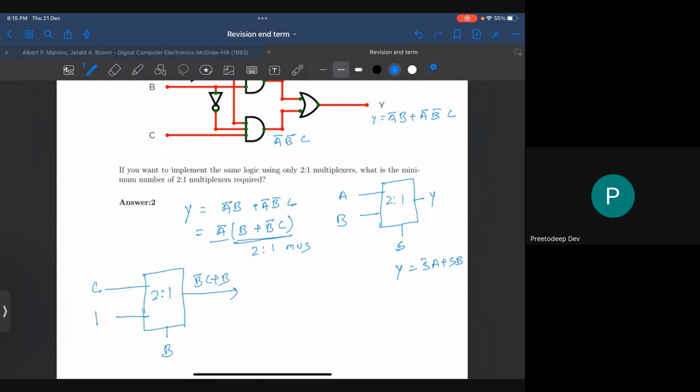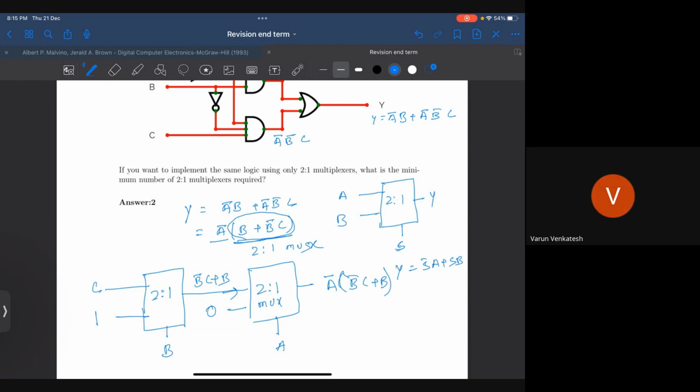This we can implement using only a 2:1 multiplexer, correct? Now we have to complement A, right? So if we do it like that with a 2:1 multiplexer, suppose this is A and they are 0. What will we get? A bar times B bar C plus B.